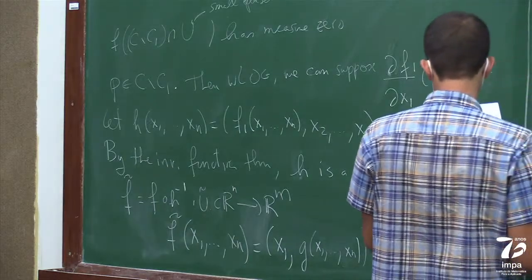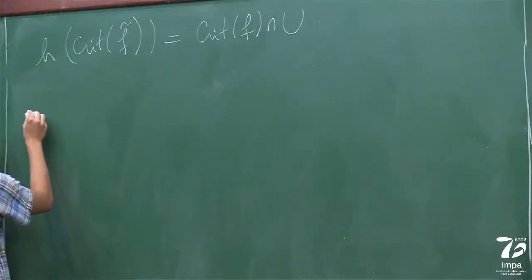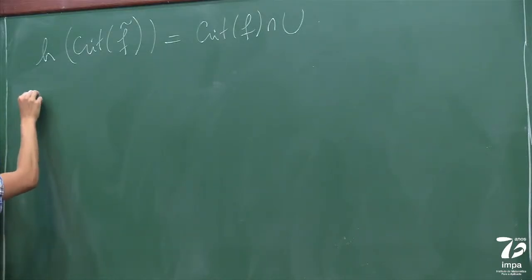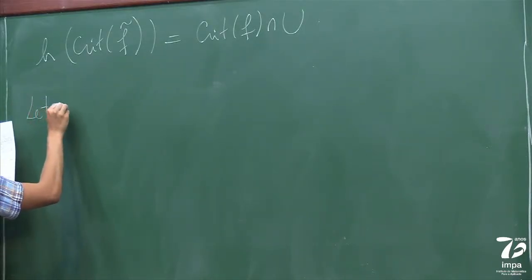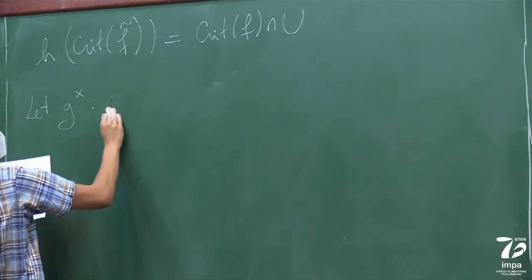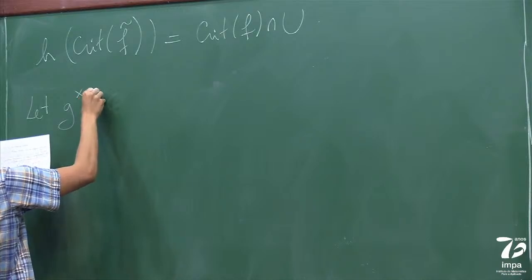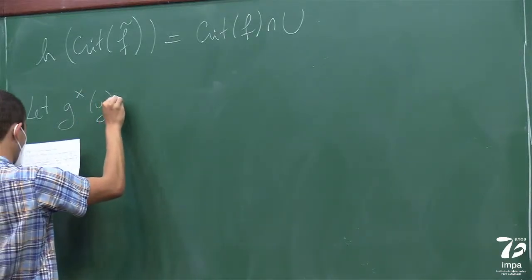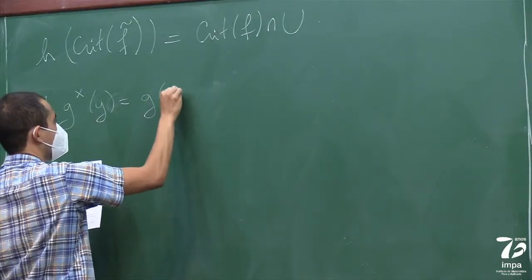Okay, so now we look at F tilde, and let's let gx be a function, well, let's just write it like this. Wherever it's defined, gx of y will be equal to g of (x, y).